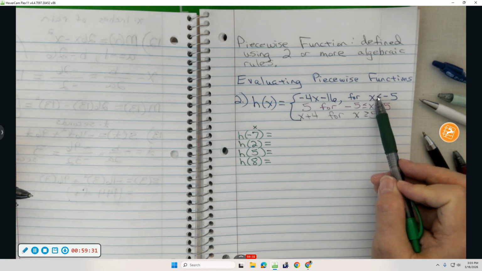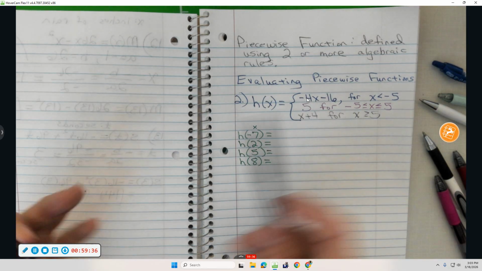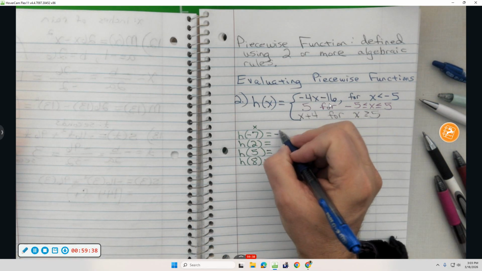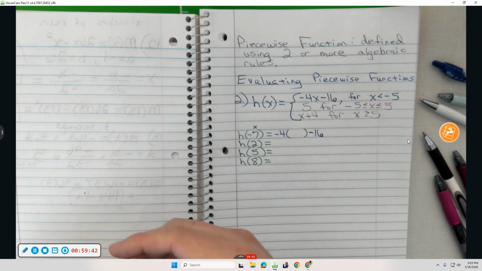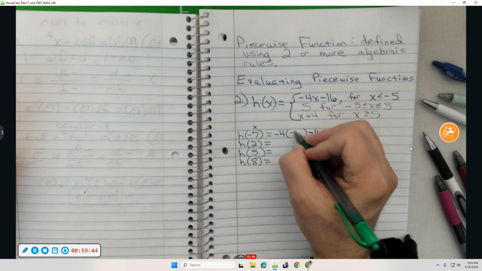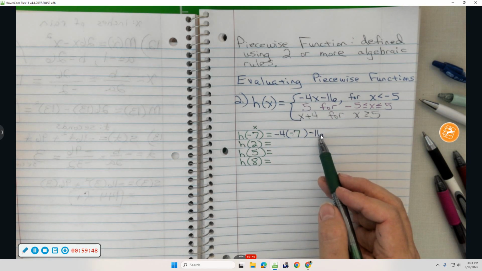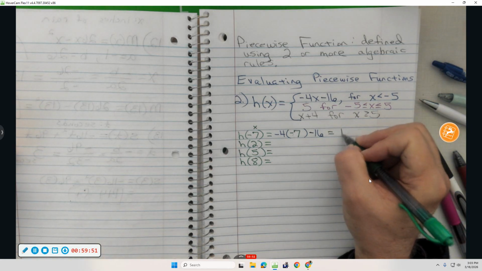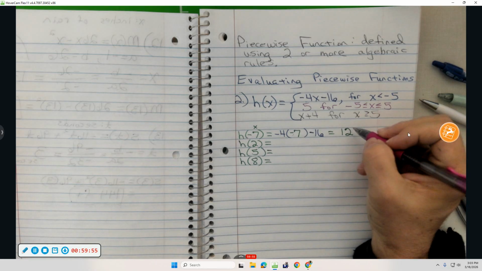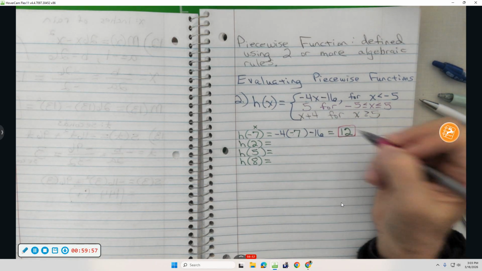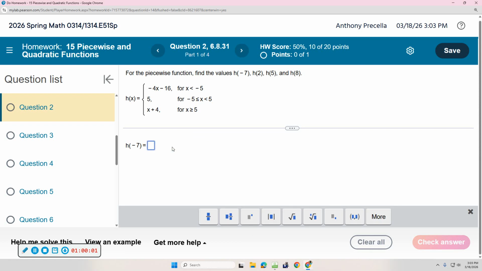Negative 7 is smaller than negative 5. So we're going to plug the negative 7 into the first piece. Negative 4 times negative 7 gives us 28. 28 minus 16 gives me a y value of 12. h of negative 7 is 12.